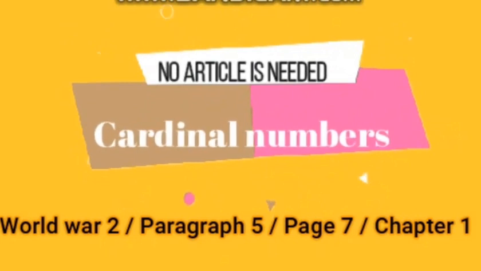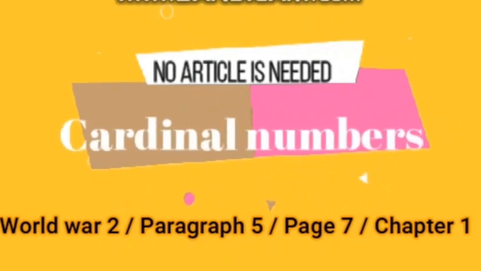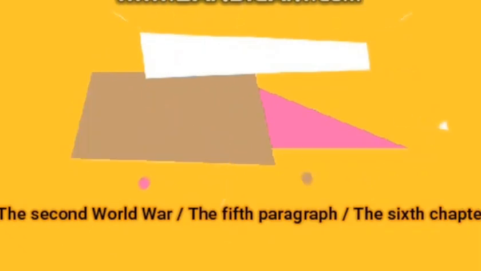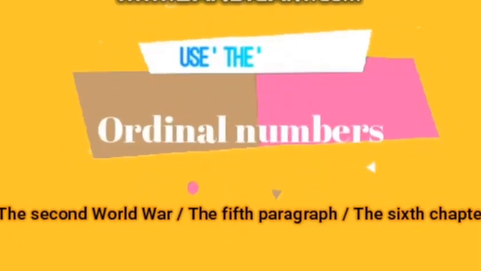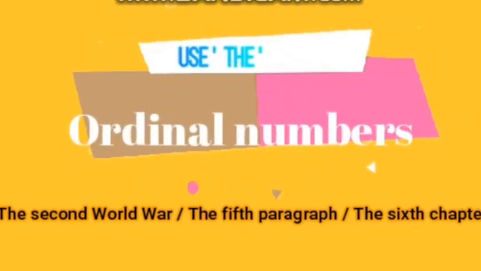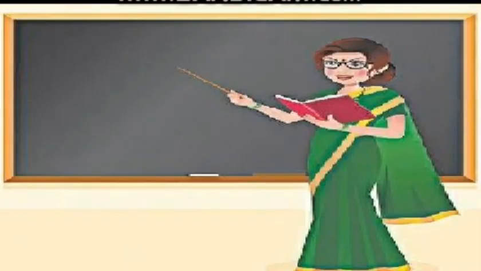Next, numbers. Cardinal numbers don't use articles, right? World War II, paragraph 5, page 7, chapter 1. But ordinal numbers use the. For example, the Second World War, the 5th paragraph, the 6th chapter. So, like this. And next, the title of people.